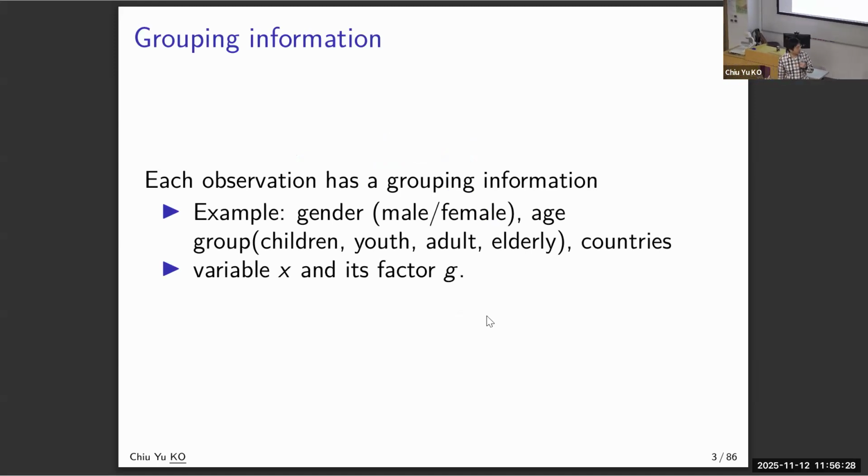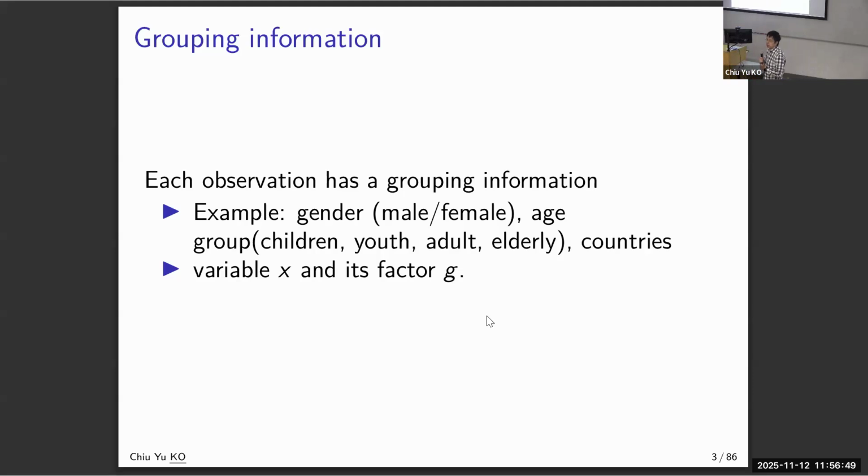but I also have the grouping information, like Hong Kong or Shenzhen, location, or gender, boys or girls, or country or age group, right? So these are all categorical variables, just grouping. There's no meaning there.